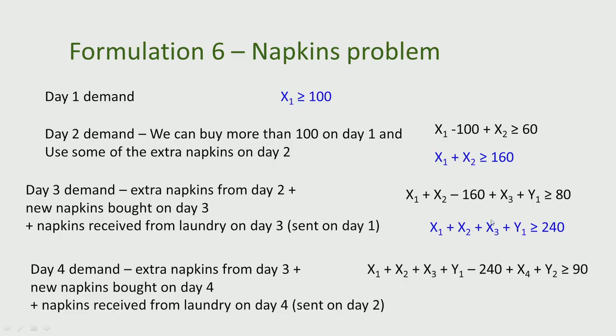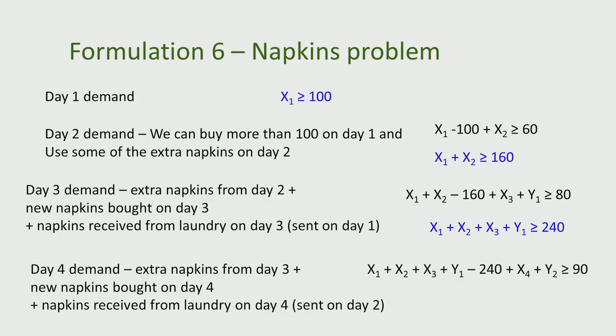So, again there are 3 types of supplies, and these 3 are written as: from the previous constraint, x1 plus x2 plus x3 plus y1 are the napkins available for use on day 3, that has to be greater than or equal to 240.